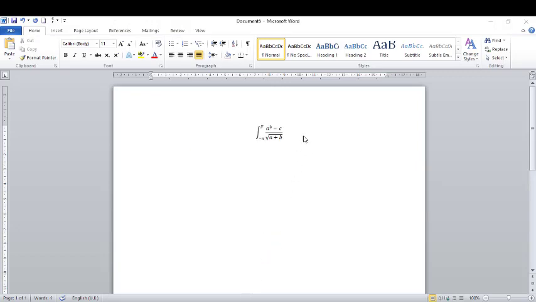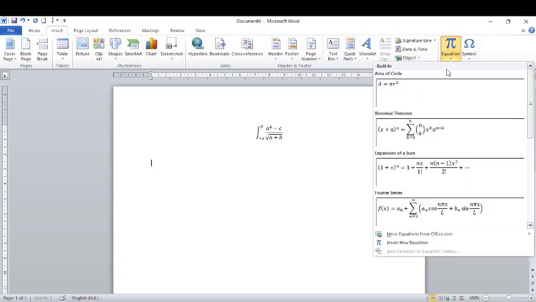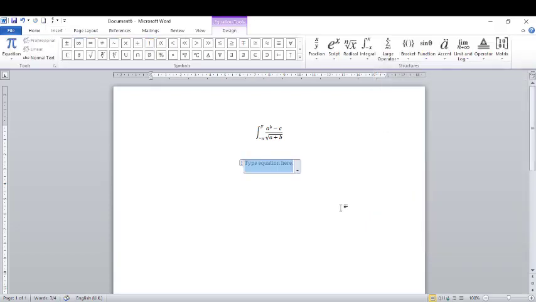Let's look at this particular one now. I want to create something like this. What do I do? The first parent structure here is my integral. So go to insert, click on insert, go to equation and bring up this.